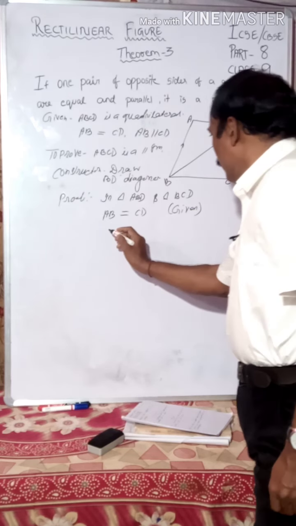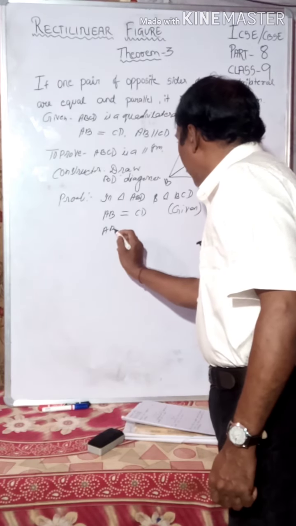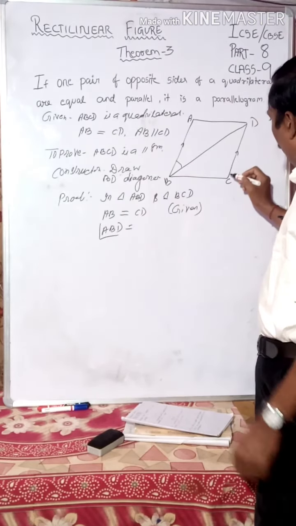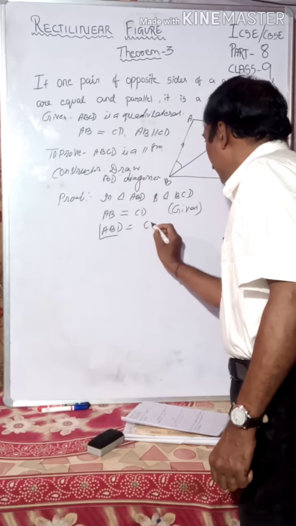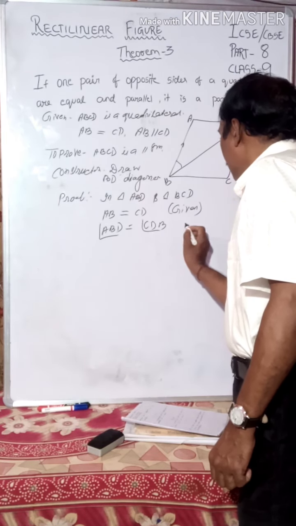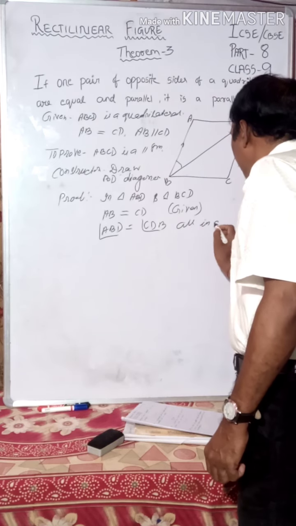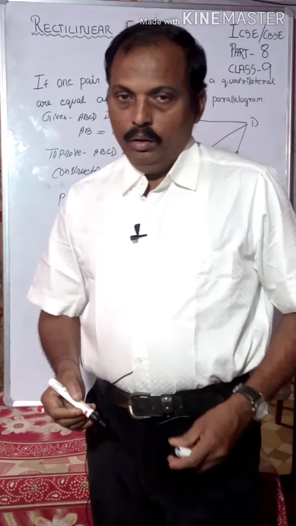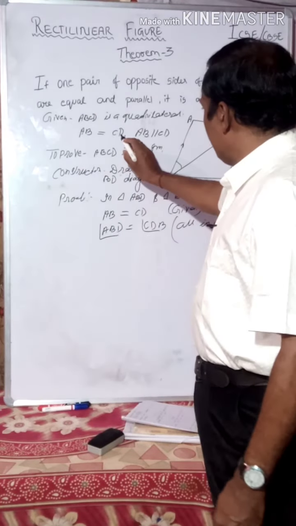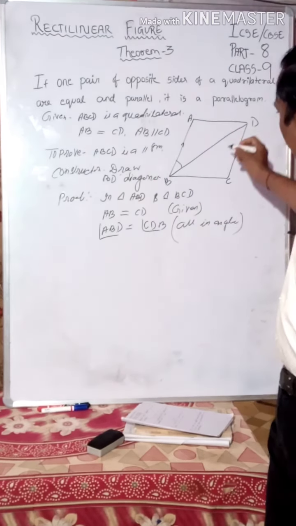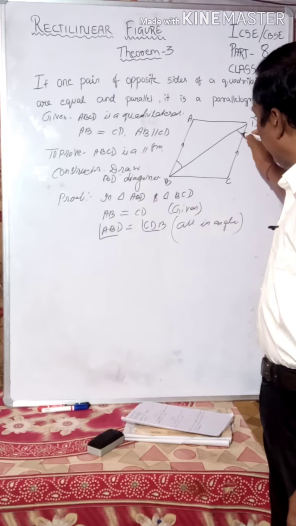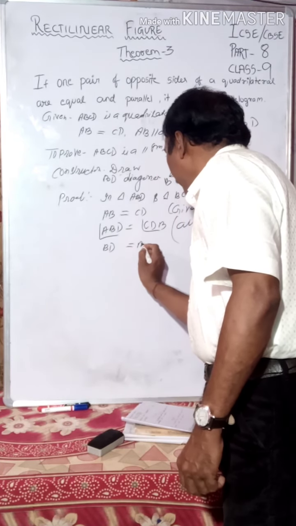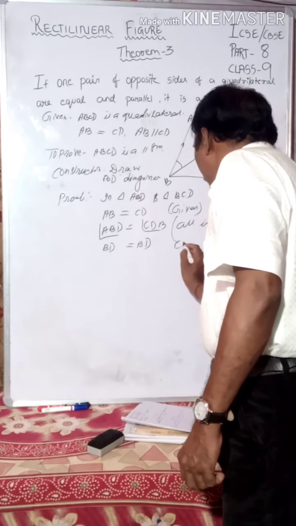Second, angle ABD is equal to angle CDB, that is alternate interior angle, or you can write given. As AB is parallel to CD and BD is the transversal, this angle is equal to this angle. Then third, BD is equal to BD, common.